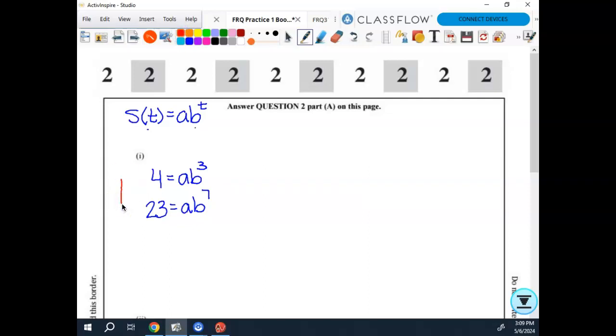Remember, this is write the equation. You're not figuring anything out right now. We just wrote them down. There were a couple of people that had S of 3 equals A times B to the 3rd, and S of 7 equals A times B to the 7th. Now, those are true statements.